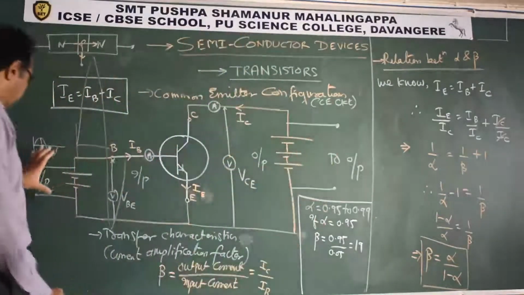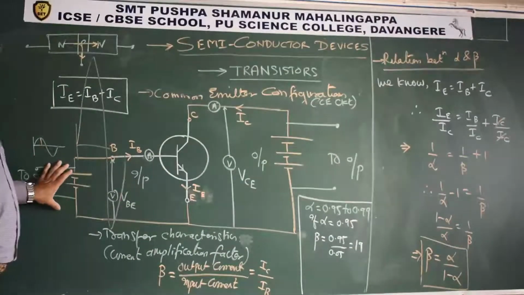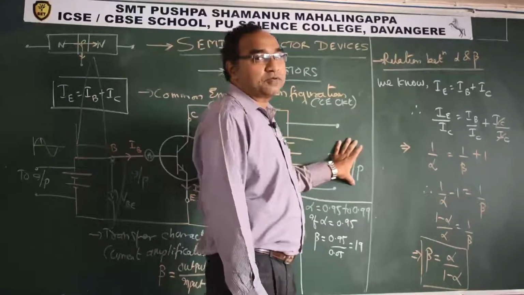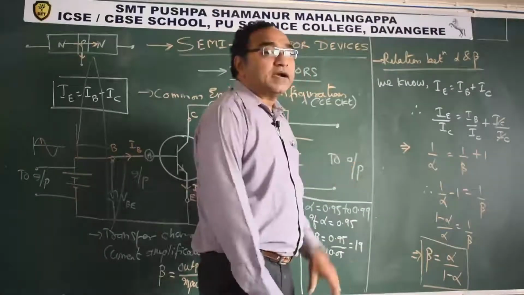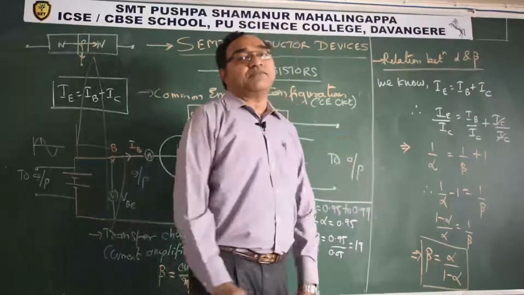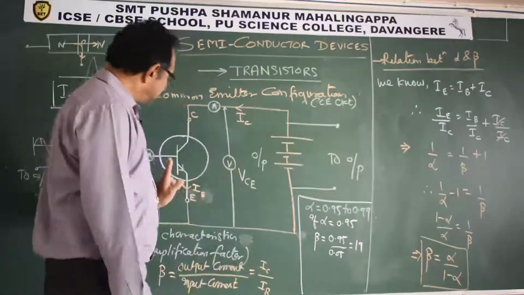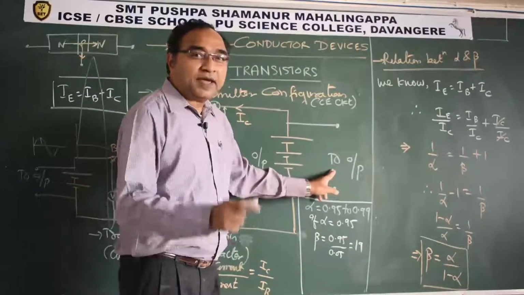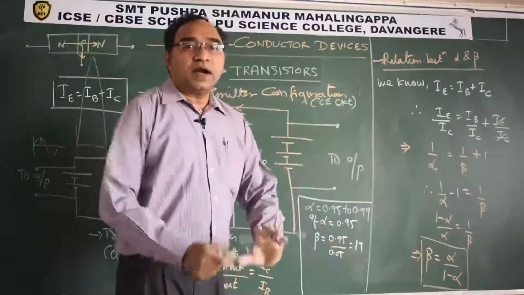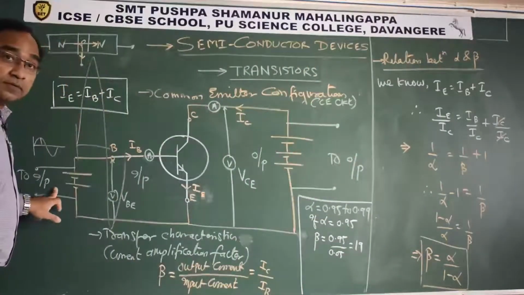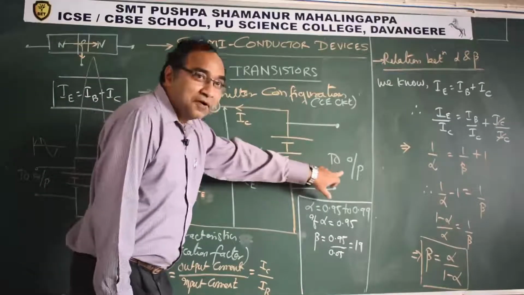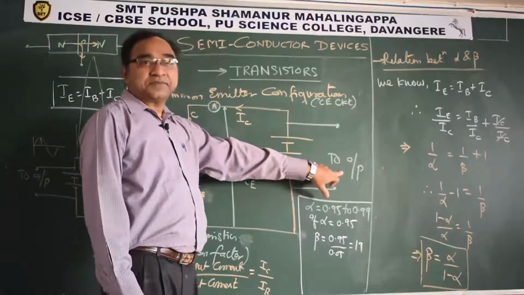Suppose if I give 1 ampere, 99 amperes comes out. Let us say 100 for our easy calculation. This 100 I will make input to another CE amplifier connected in series. 100 is the input. What will be the output? 100 into 100, 10,000.